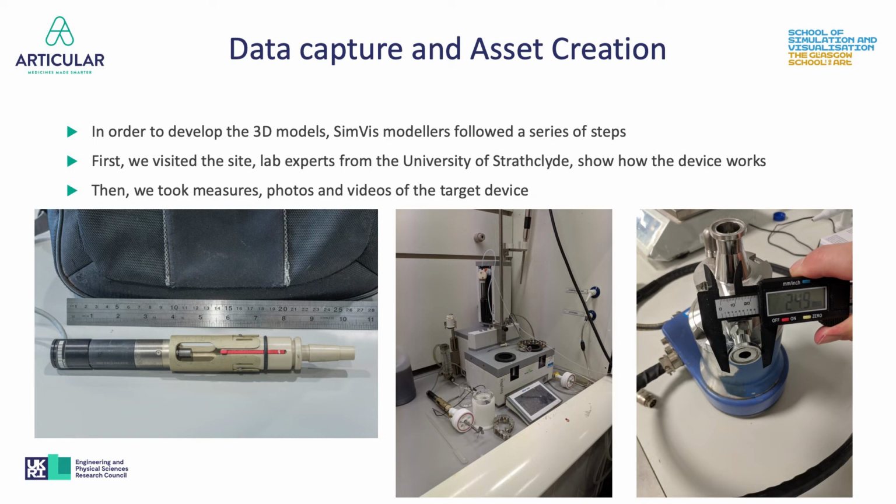We take photos, so we know the colors, the textures of each one of them. And we also interview people from the University of Strathclyde. We need to know how these pieces go together, how they work, and with that data, we can proceed and actually start blocking out the 3D models.